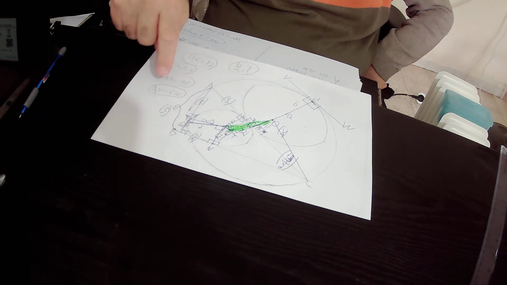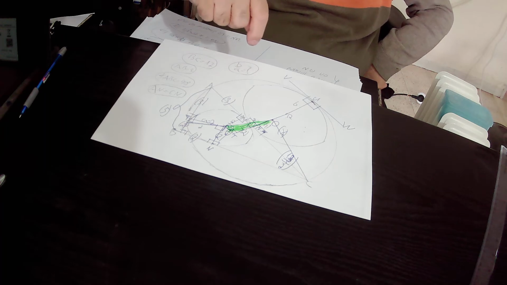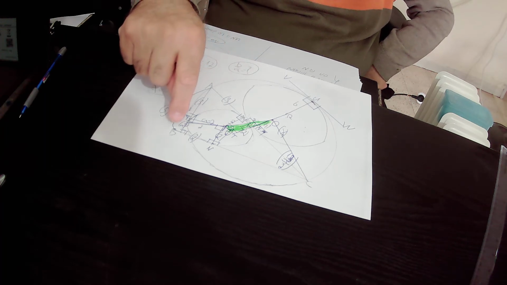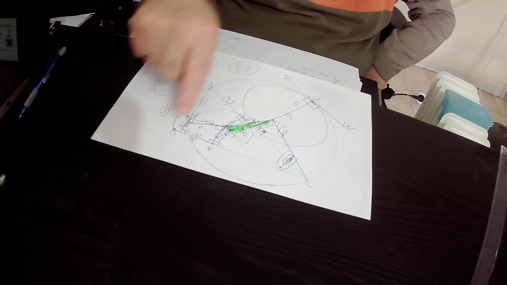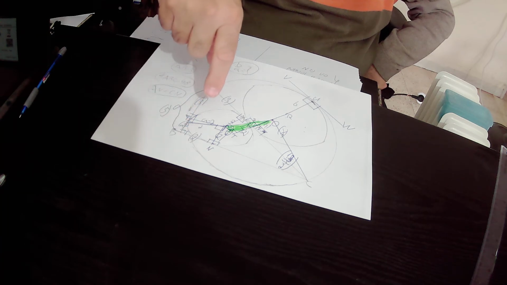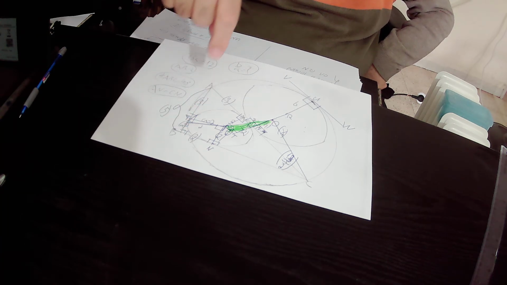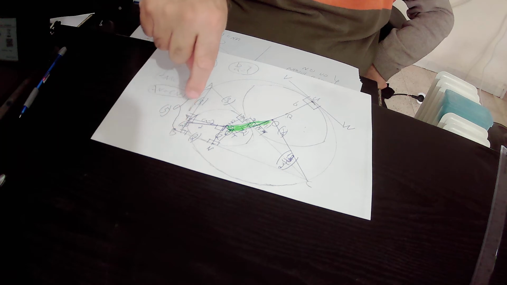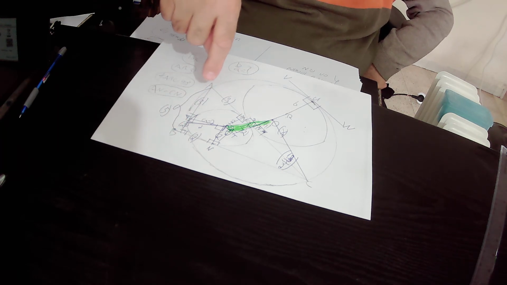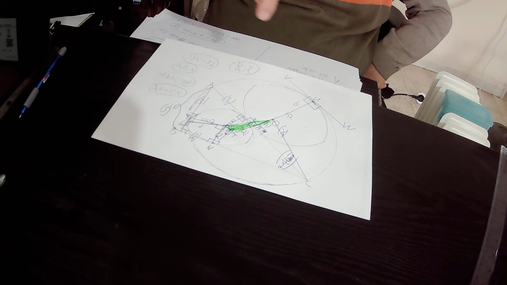AB equals 5 according to what is given in the question. We just found out that TB equals 2, so AB minus TB equals AT. AB is 5, TB is 2, so 5 minus 2 is 3, so AT equals 3.